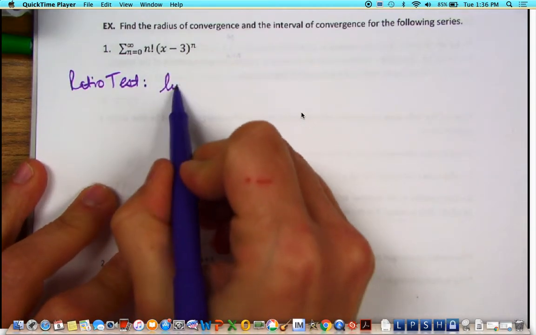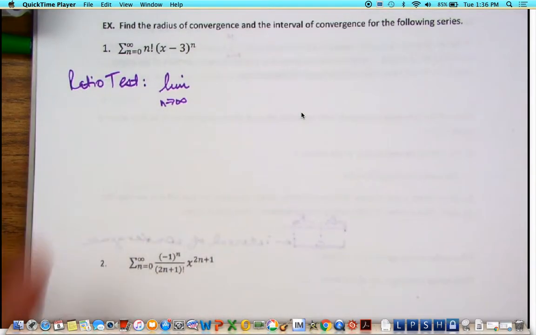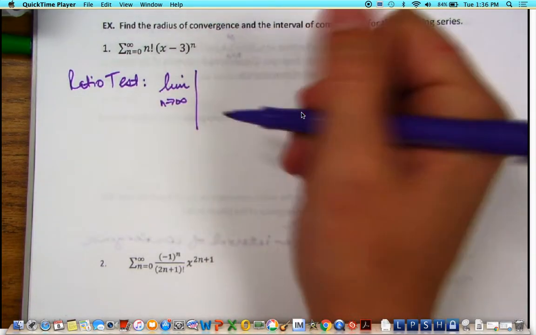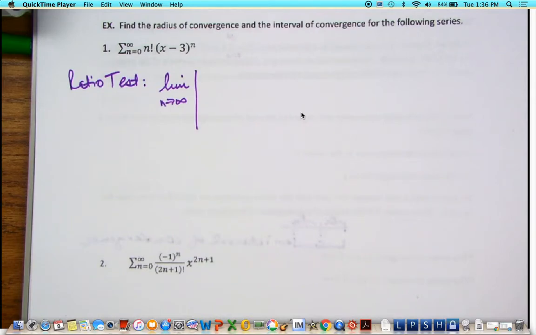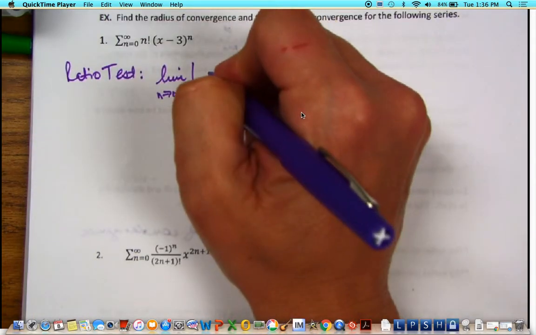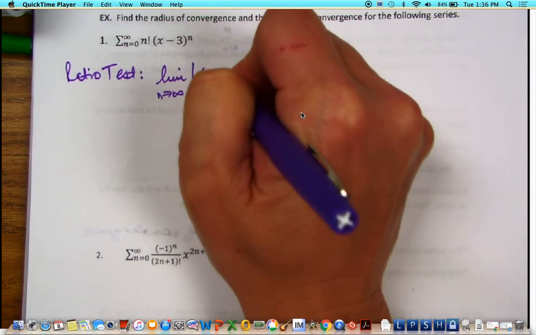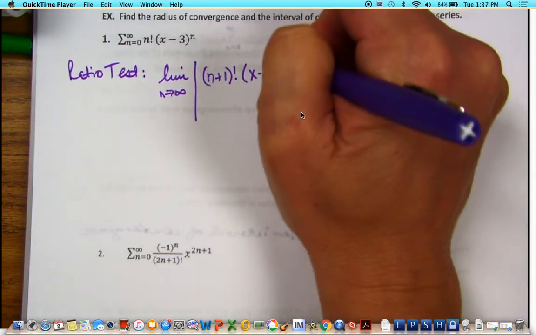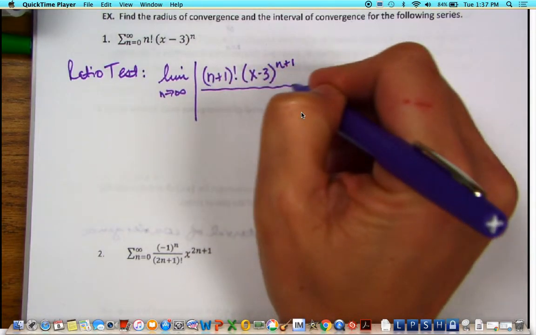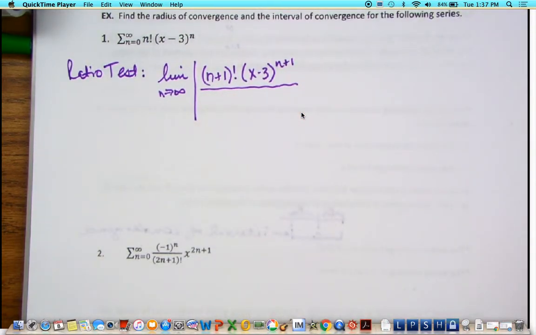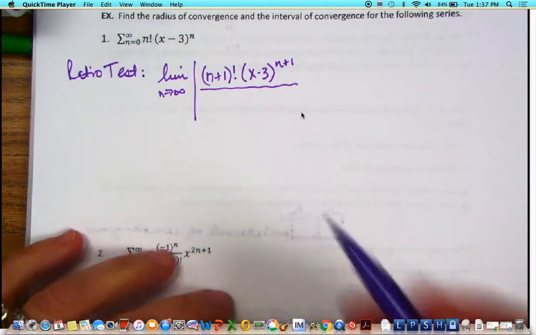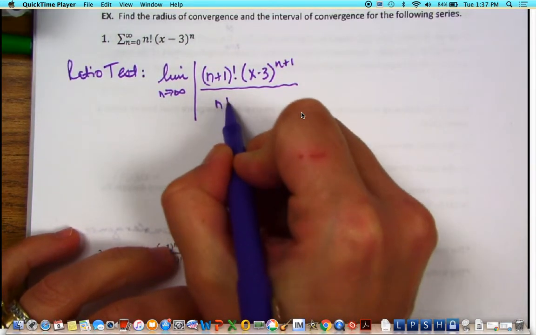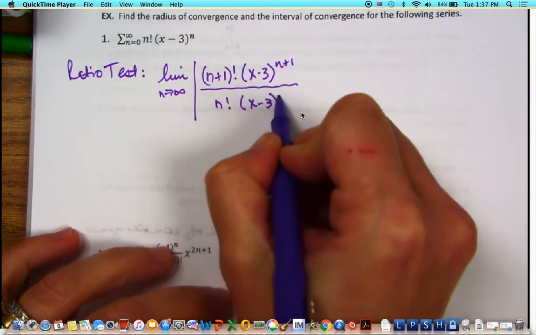And I know that the ratio test says to do the limit as n approaches infinity of the absolute value of a sub n plus 1. So what does that mean to do? Wherever there's an n, put an n plus 1. And I divide that by, yep, which is n factorial over x minus 3 to the n.